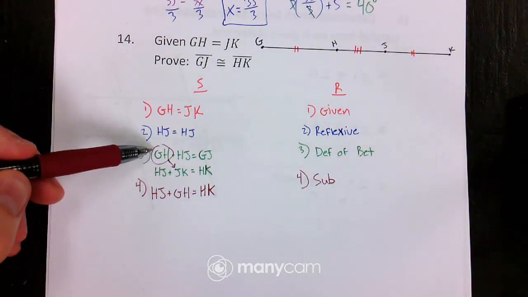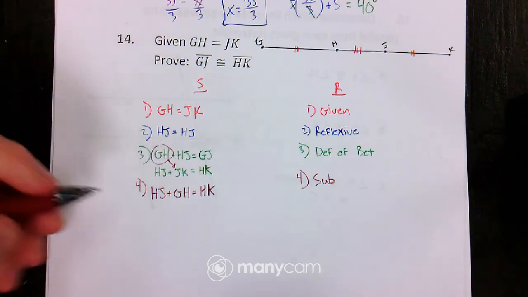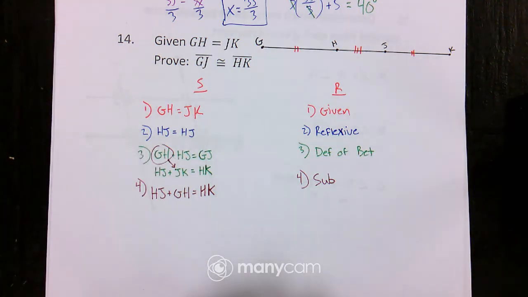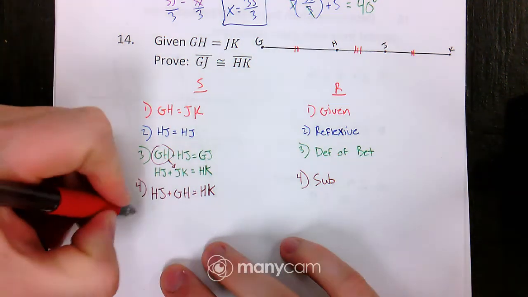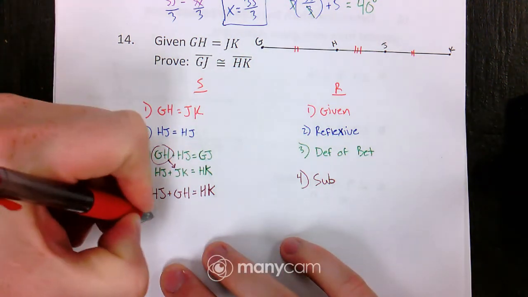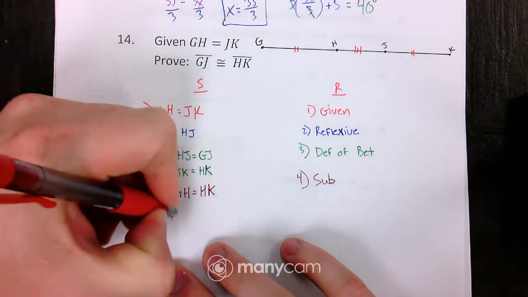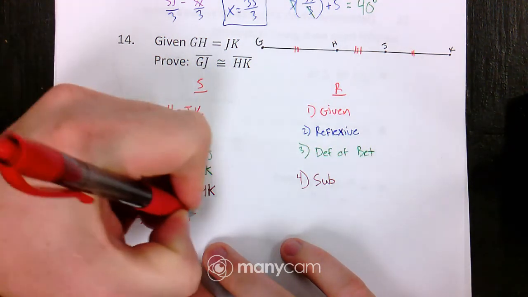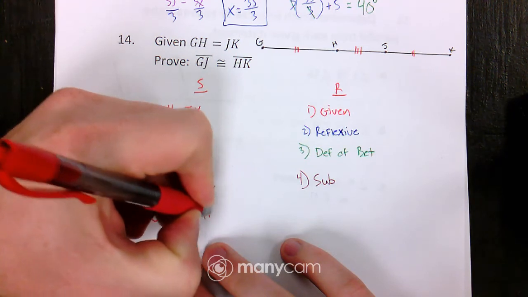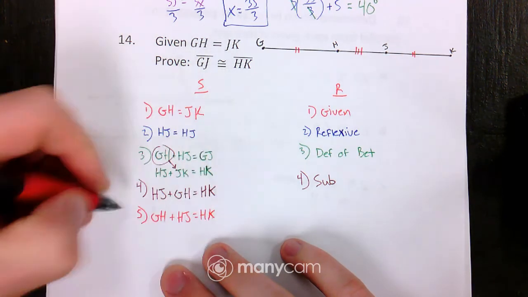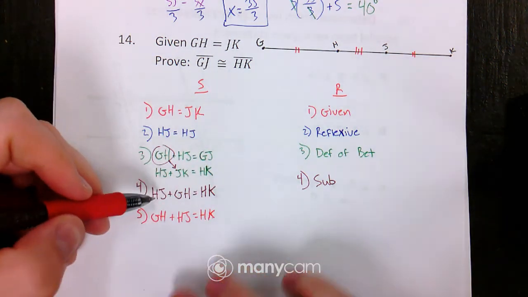This is the same as this, isn't it? Now it's backwards, so I have to, because I wrote it backwards and it just worked out that way, I have to write this. I have to write GH plus HJ equals HK. I have to change this around.